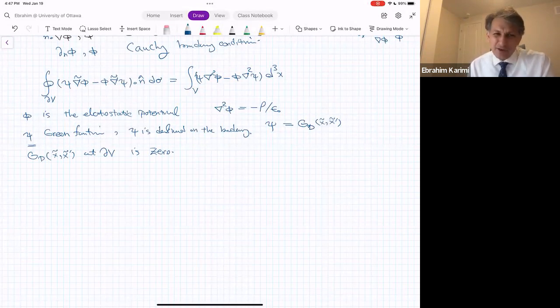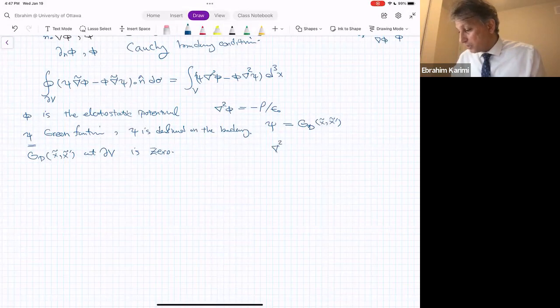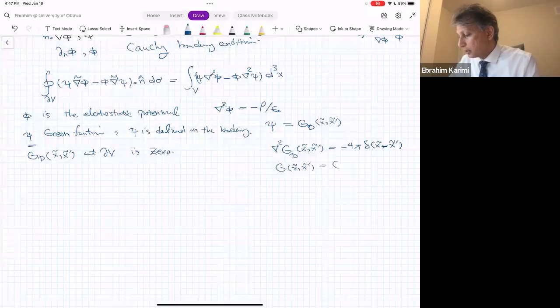But really, do I call it Green function? No, it should have a property. And what is the property? It looks like 1 divided by |x minus x prime|. The property of this is that the Laplacian of G_D of x and x prime should be equal to minus 4 pi delta of x minus x prime. Okay? And I know that the G is symmetric with respect to swapping of x and x prime.